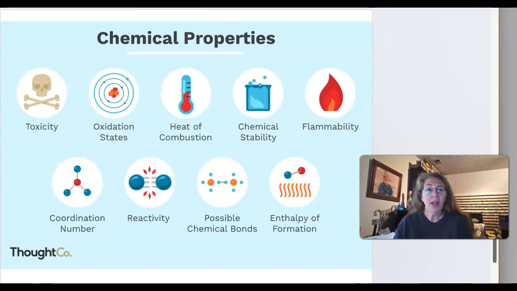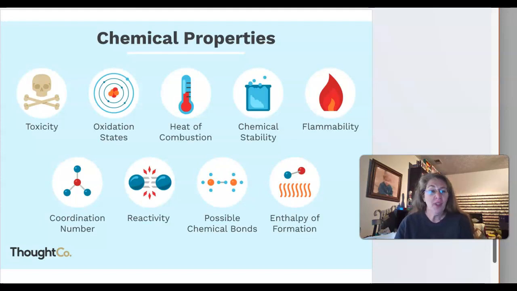Some other examples of chemical properties are toxicity and oxidation states. Some of these words you're probably not going to see this semester. But these are words to start getting familiar with now, so when you get to high school, they won't be foreign to you.